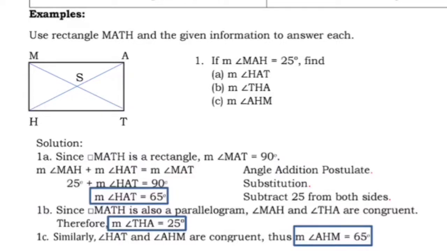Given rectangle MATH with the point of intersection of the two diagonals as point S. Given that the measure of angle MAH is 25 degrees, find the measure of angle HAT, angle THA, and angle AHM.